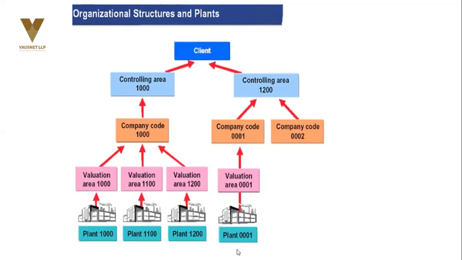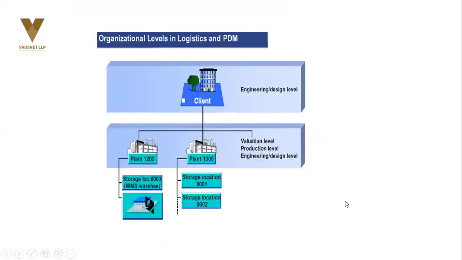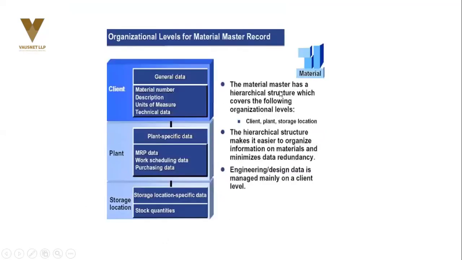Plants are hubs for material production, consumption, and distribution, and plants are also used to define sales offices, manufacturing facilities, warehouses, and distribution centers. If the industries differ, then plants play a very fundamental role in the valuation of the material. And under plants, we have storage locations.